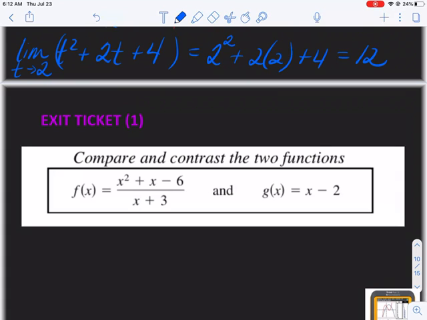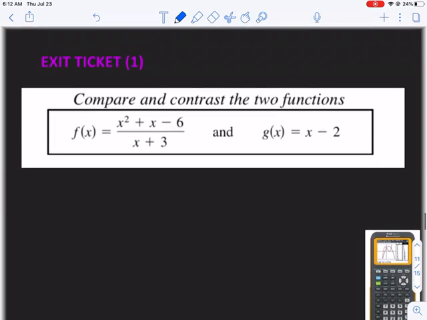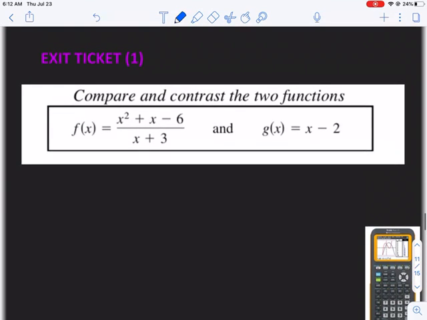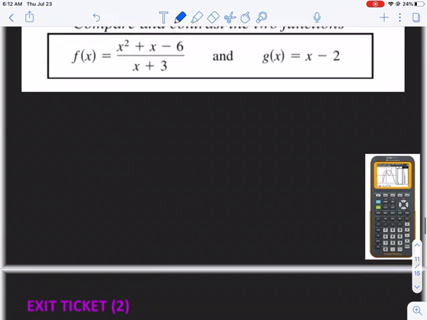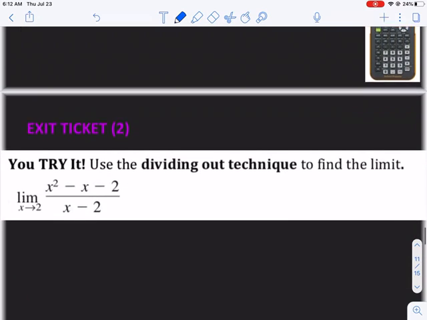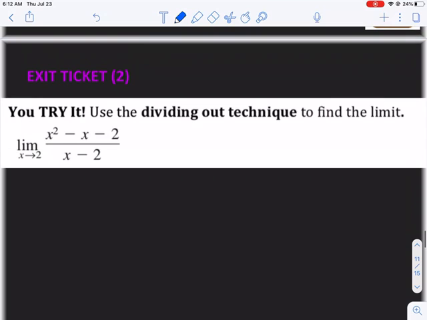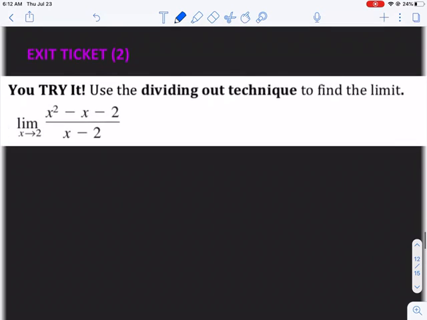And remember, compare and contrast, you want to say, how are things similar? How are they not similar? How are they dissimilar? So how are they alike? How are they different? And make sure that you're using the mathematical vocabulary there. Then your second exit, you're going to use the dividing out technique to handle this and get your answer.